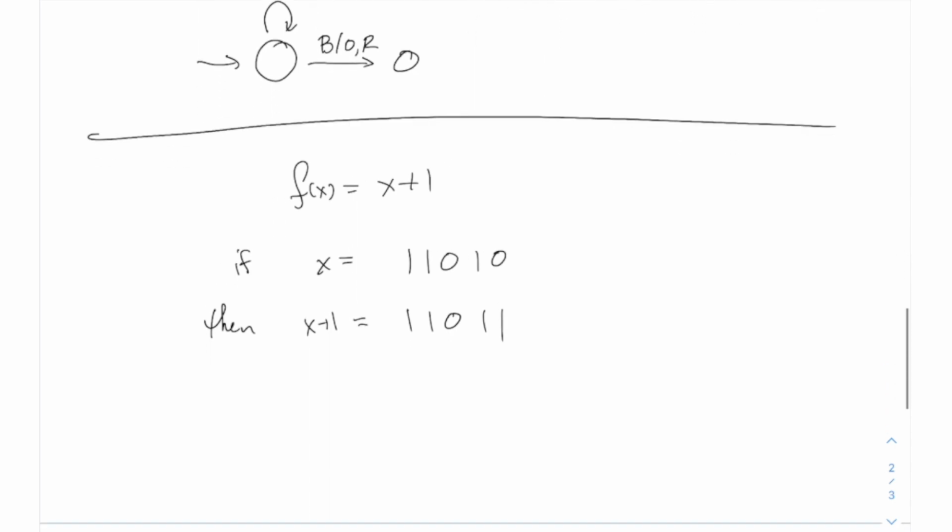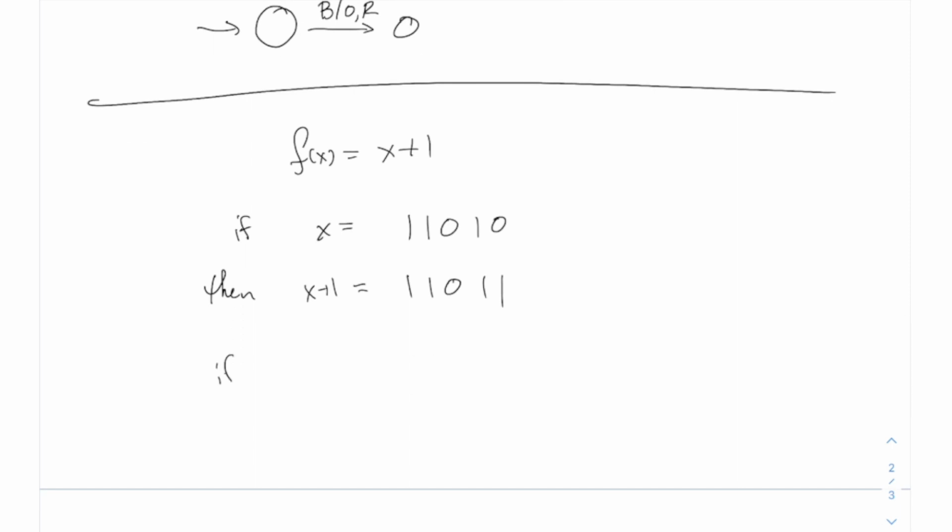What if the last digit is a 1? If it was, say, 11011, now you've got to carry, right? You carry the 1. And actually, in this particular example, it's a double carry, right? You carry the 1 over, and then you have to carry it again. So can anyone tell me the answer?